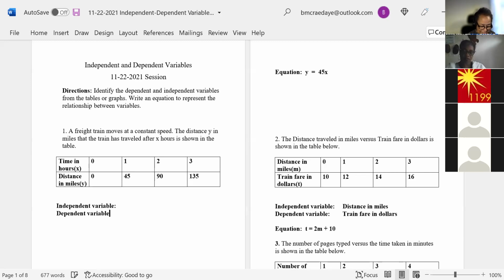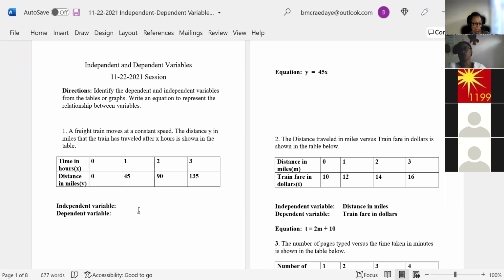Good. All right. Now, what are the independent and dependent variables? You have either the time in hours or the distance in miles. So what is the dependent variable, Alba?